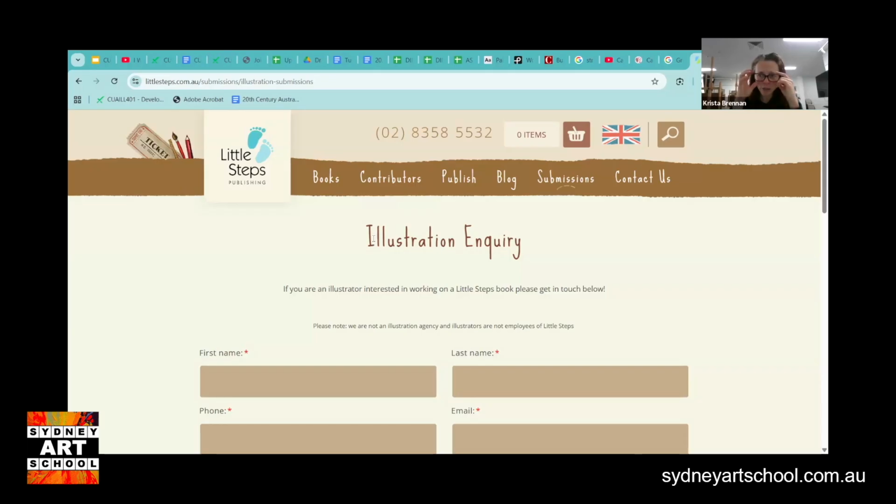What I would suggest to you is that the majority of publishers will want a full manuscript and then some sample images. So I wouldn't go ahead and illustrate the entire book. I would have your manuscript and then do, I think in the Hardy Grant guidelines, it said two illustrations. That's about right.